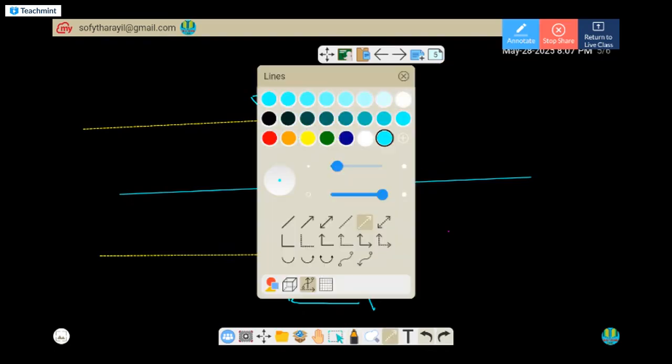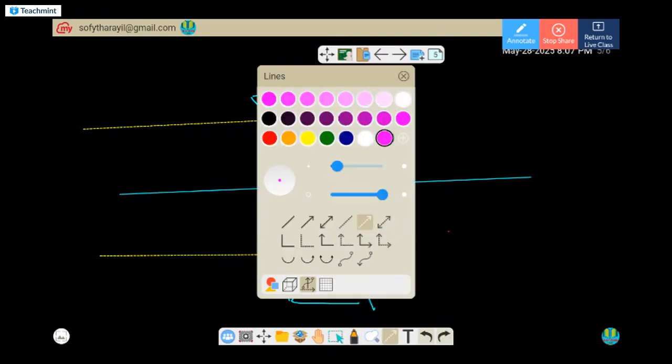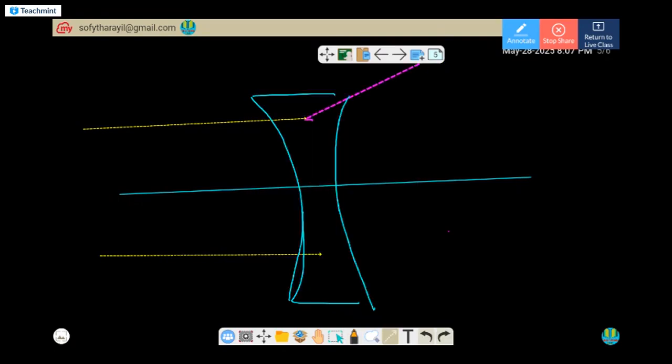So I'm using a pink line to show that it got diverted, they go away. So whenever you see diverging lines, they're actually never going to meet because they're going away from each other. So which point they could have actually met, that ray you're going to trace back. So if you trace back that pink line from both the ends, where are they actually meeting, on the right side or the left side?